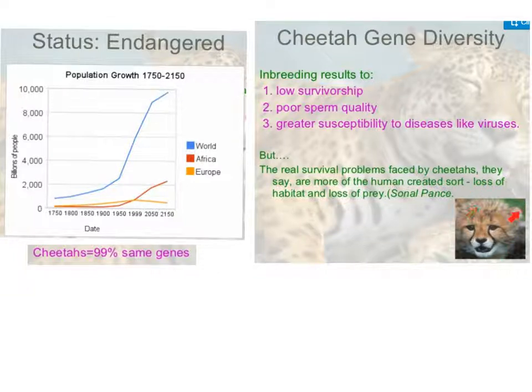So cheetahs are suffering in 2 different ways, one due to natural inbreeding, and secondly due to human activity. Both of those factors are going to decline the cheetah population worldwide.